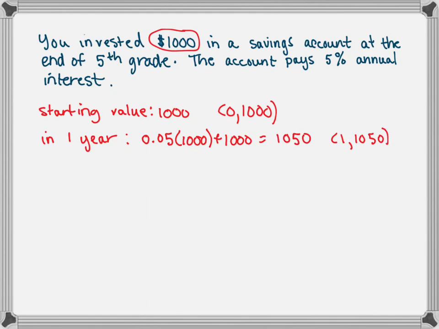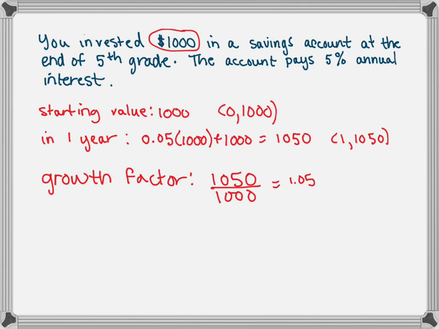So I have a point at 1, 1,050. So my growth factor we'll find by looking at the ratio of our outputs, 1,050 over 1,000, which is 1.05. And we could have also found this as 1 plus r, where r is the interest rate as a decimal.